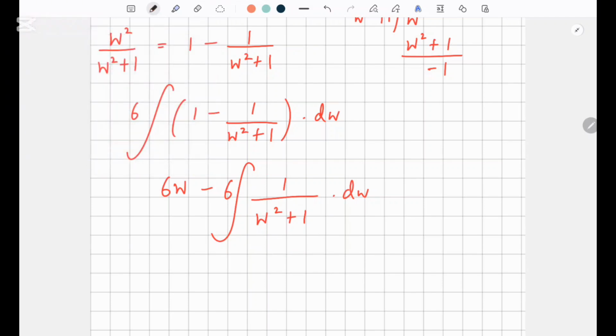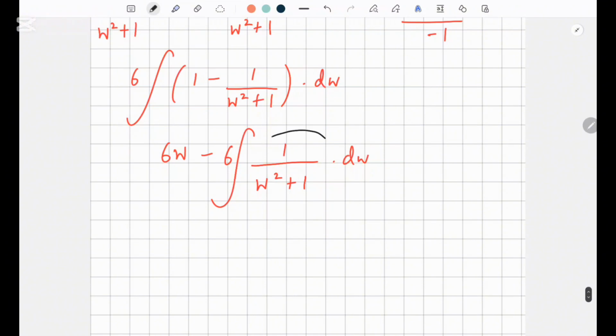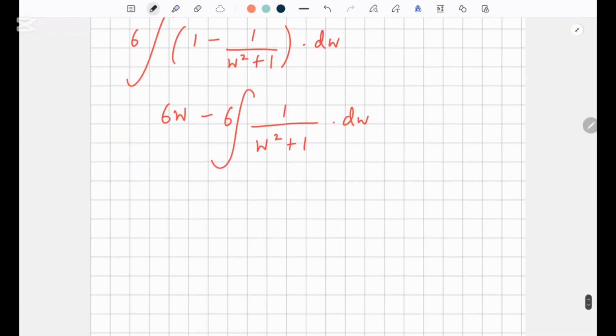What's the integration of 1 over w squared plus 1? But that's easy. You should know that. So it's tan inverse w, right? Plus c. I wrote 6 instead. Plus c minus 6w here.